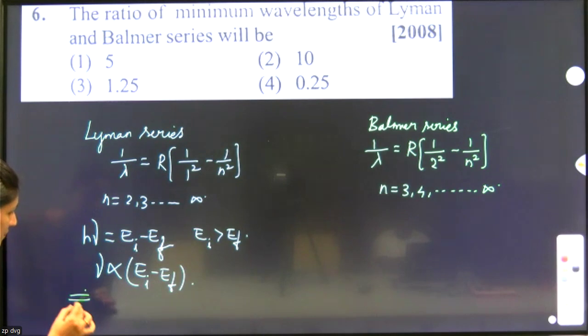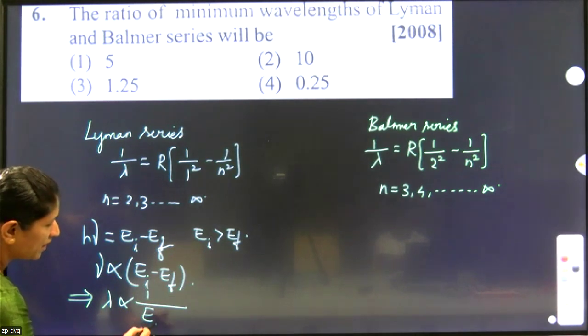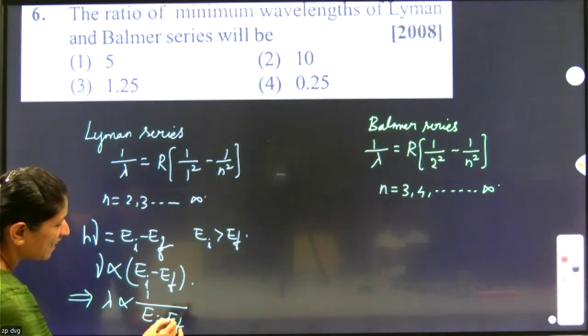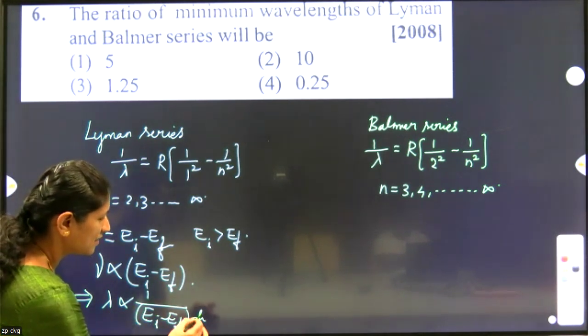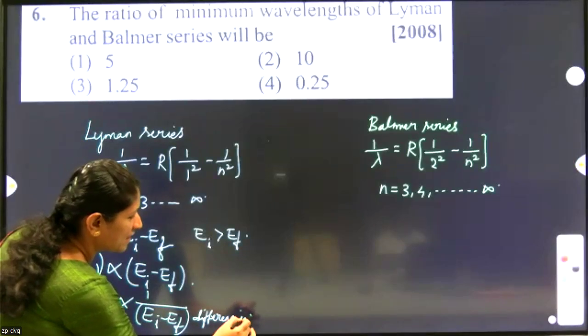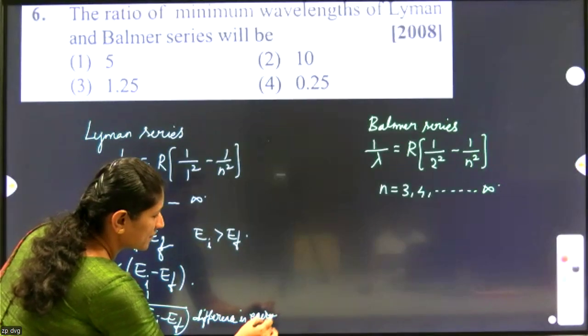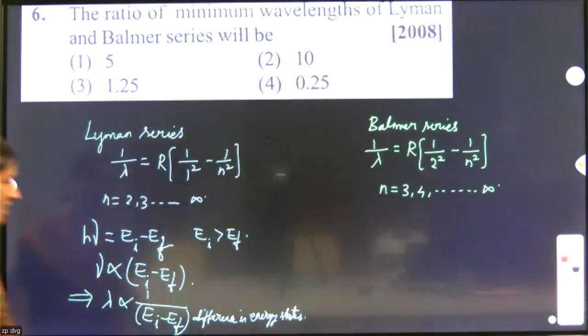This implies the wavelength of the photon is inversely proportional to Ei − Ef, the difference in energy states.